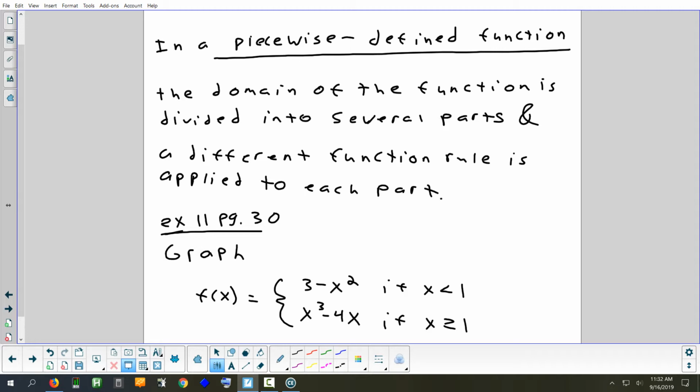So I use a different formula depending on the value of x. And you can have more than 2. You could be like, well, use this formula if x is this, use this formula if x is that, use this formula if x is that. Okay? But that's the idea of a piecewise defined function. You have different function rules depending on your value of x.